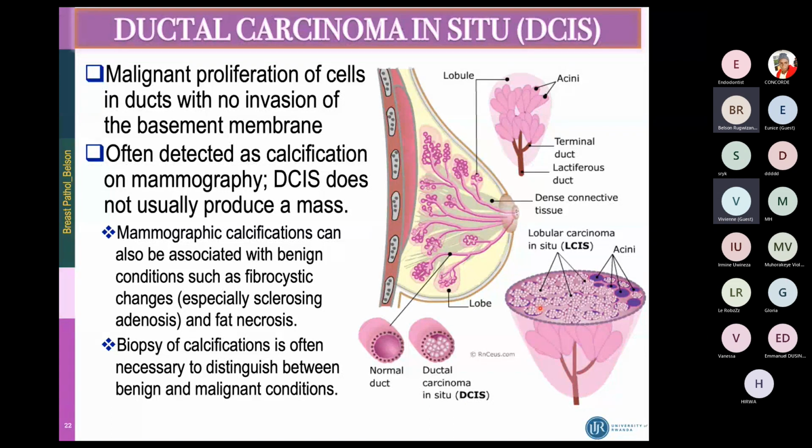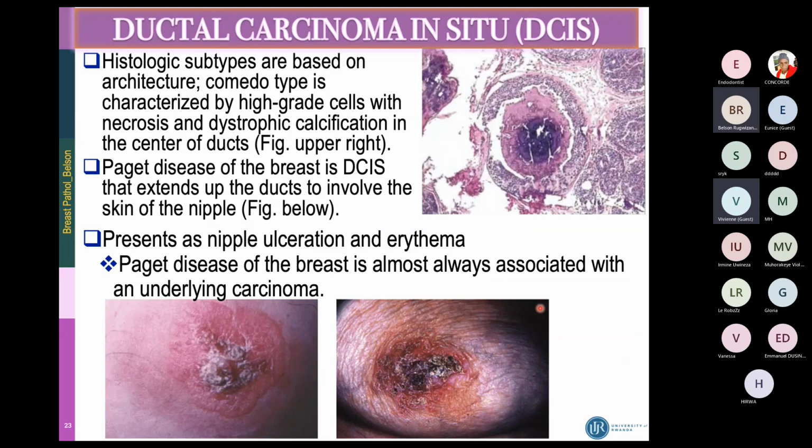When we see carcinoma in situ together with invasive cancer, we must report both, because a person with invasive cancer may also have carcinoma in situ, and the prognosis is determined by the invasive cancer. So we must always report ductal carcinoma in situ in addition to the invasive cancer.